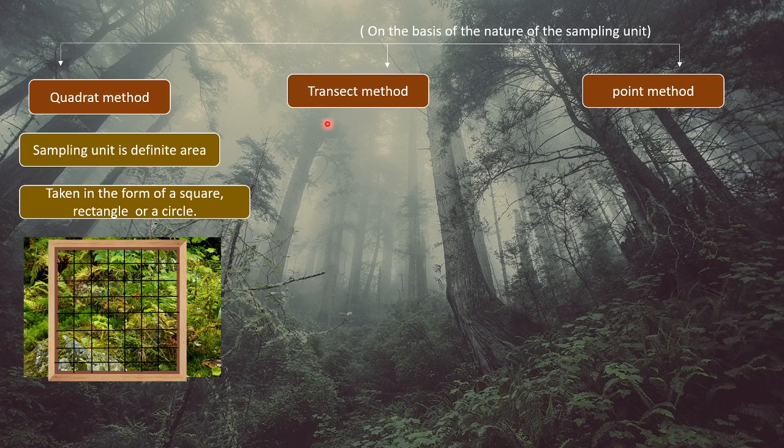For now we move towards what is transect method. In transect method, the sampling unit is line of definite length. As I told, the second type of sampling unit was line. So in transect method, the sampling unit is a line which has to be of a definite length, that is, it will have a decided length.